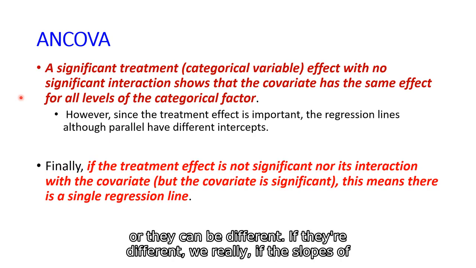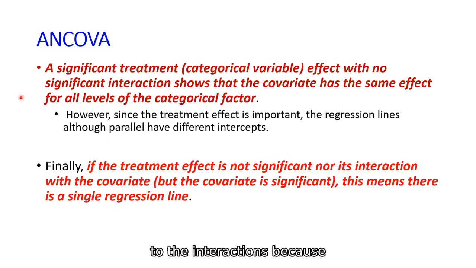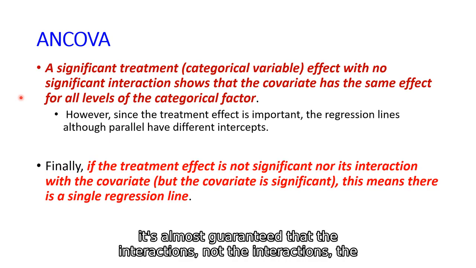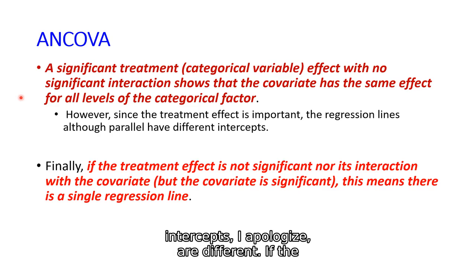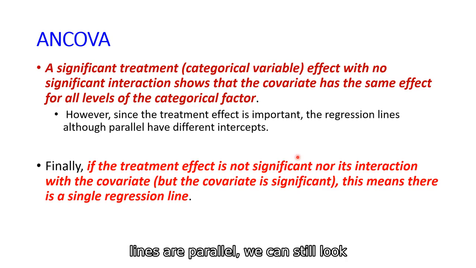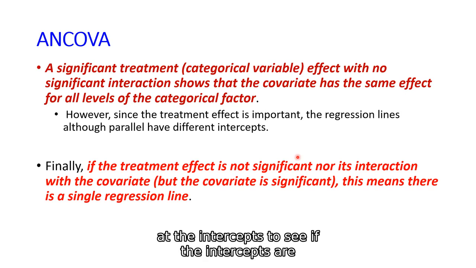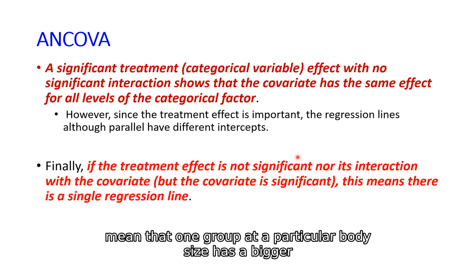So the lines can be parallel or they can be different. If the slopes of the lines are different, we don't really pay attention to the intercepts, because it's almost guaranteed that the intercepts, I apologize, are different. If the lines are parallel, we can still look at the intercepts to see if they are different.